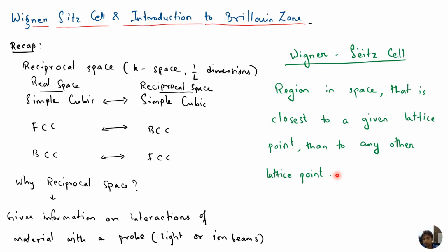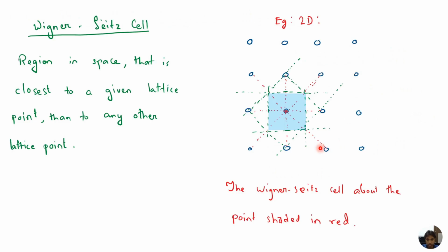For example, if you have a lattice, you choose one point, and that region in space which is nearer to that particular point than any other point is the Wigner-Seitz cell for that point. So this is the definition.